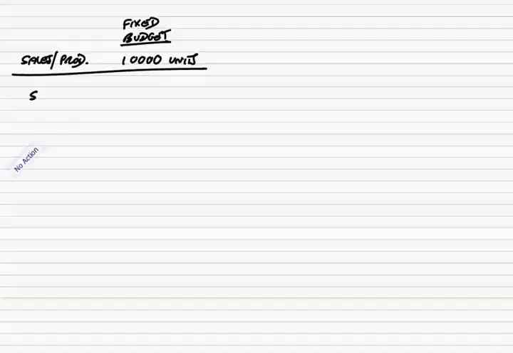And then I don't forget, although it's not part of the actual profit statement, the original budget was sales and production of 10,000 units. So, first of all, sales revenue. Budget selling price was $10, so sales revenue 100,000.